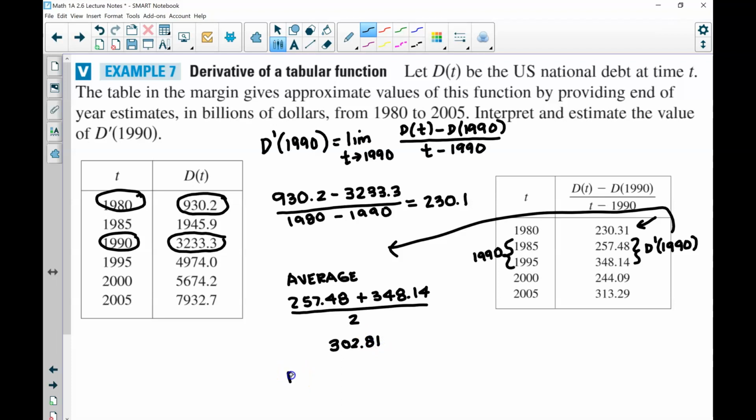So now we can say that D prime of 1990 is going to be approximately $303 billion per year.